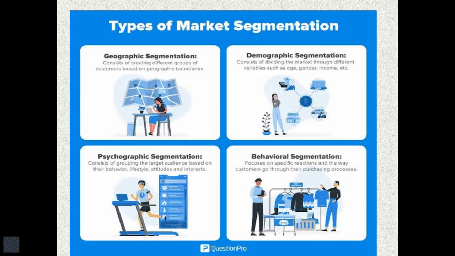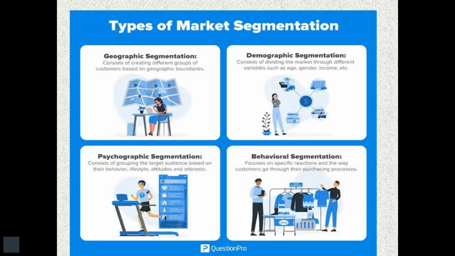Now, types of market segmentation. As we have discussed earlier, there are different types of market segmentation: geographic, demographic, psychographic, and behavioral. The geographic one consists of creating different groups based on geographic boundaries, like their geographical location and climatic conditions.